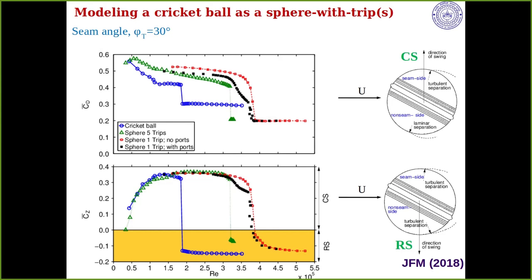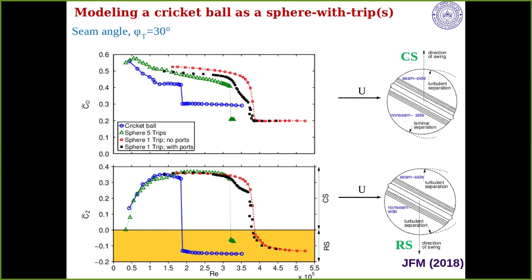So let's look at the blue curve, for example. What this curve tells me is, if I have a low enough Reynolds number, very low speed, then the seam does not make a difference. The boundary layer is laminar on both the sides, and therefore there is no lateral force on the ball. Beyond a certain Reynolds number, this seam starts to make a difference.